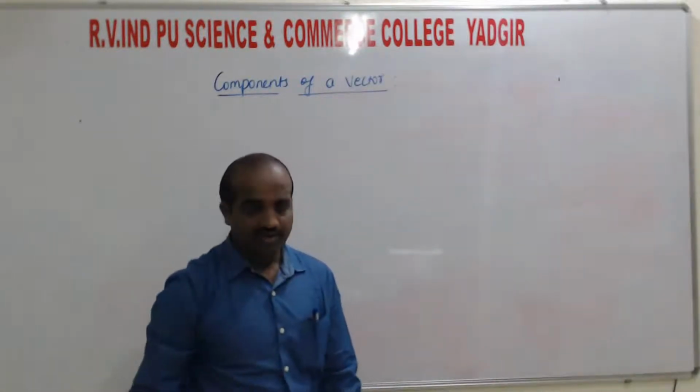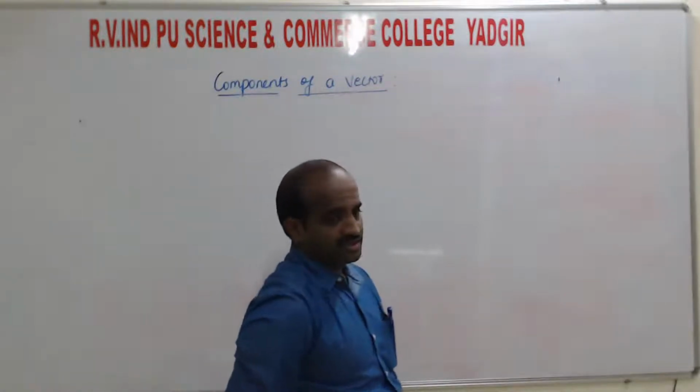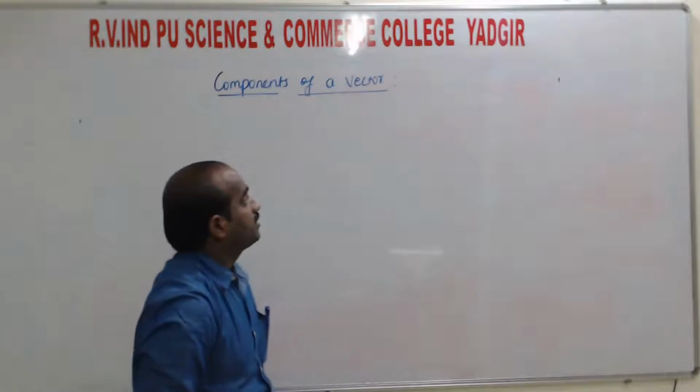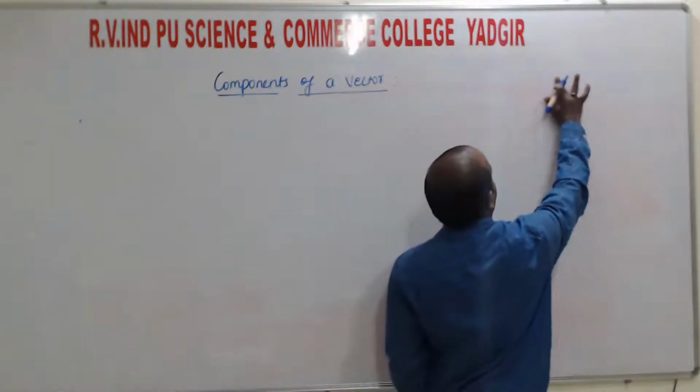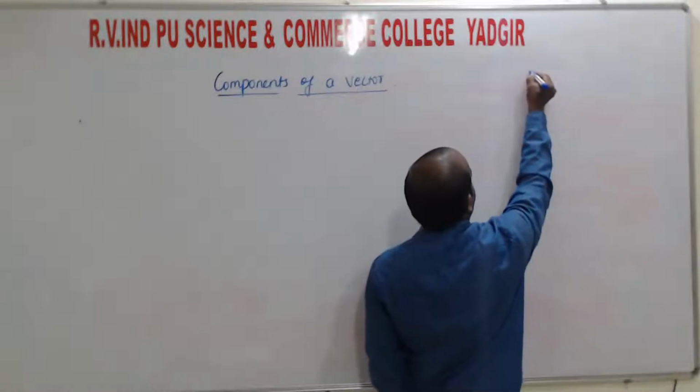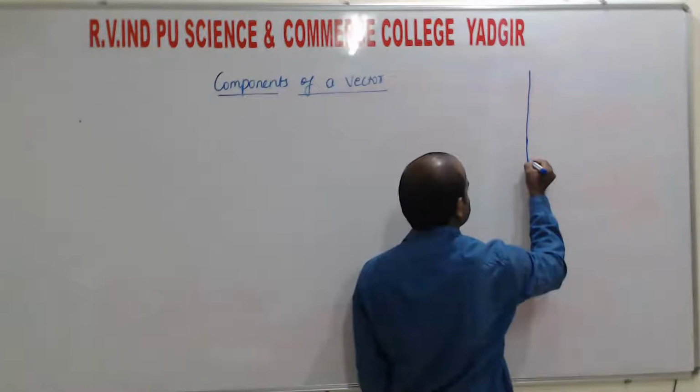Unit vectors are i, j, k, the unit vectors along the x-axis, y-axis, z-axis, and their magnitudes are 1. First we have to consider a three-dimensional space.